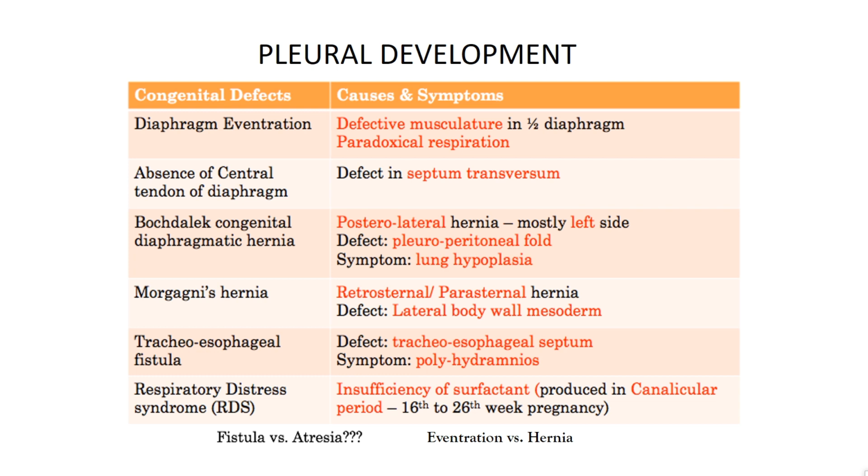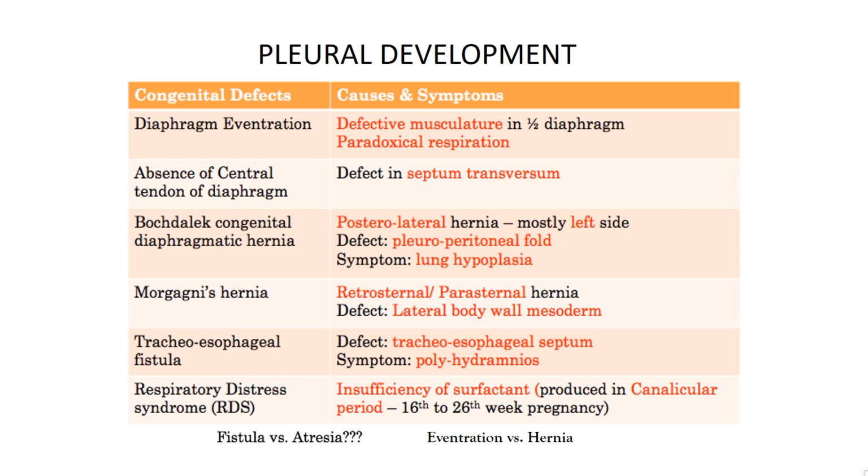You might not necessarily need to know all the little details, like the structures of stage 1 of pleural development. Just know the clinical aspects in regards to pleural problems. First development, and then acquired defects or damage that you can have later in life as well.